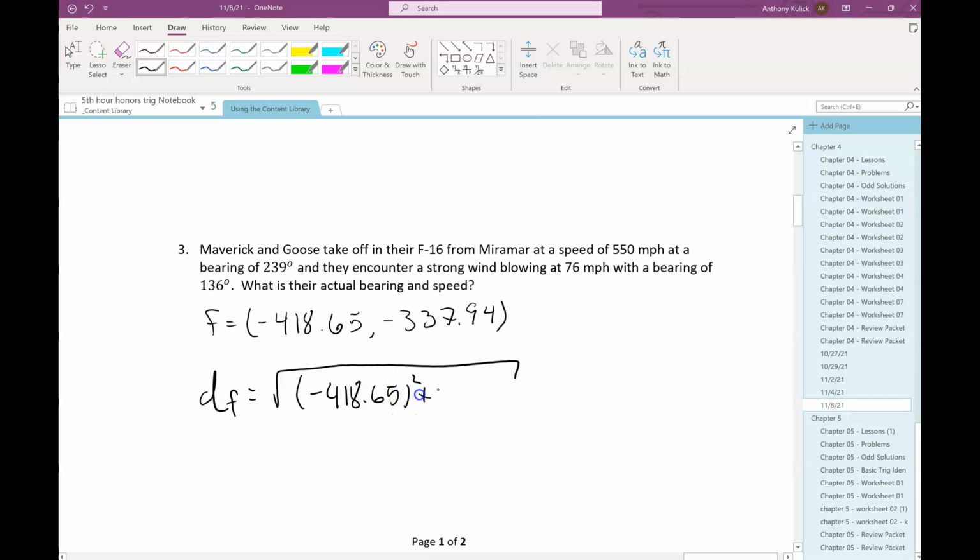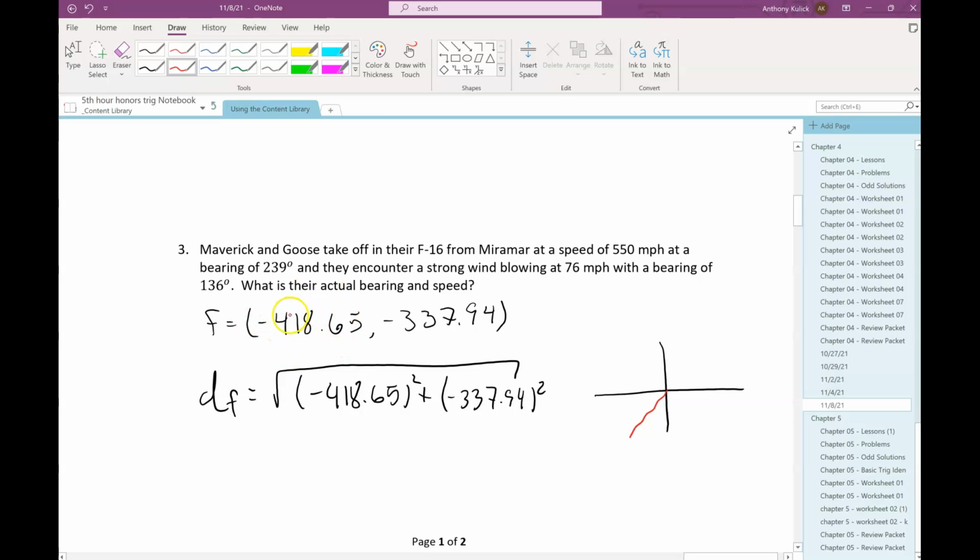Which one is this? Worksheet 7. You good with that? And then to get the bearing out of this, I'm going to plot this. So this is down here in quadrant 4. Or sorry, quadrant 3. How do we know that?